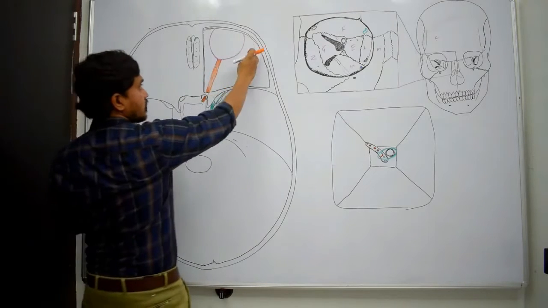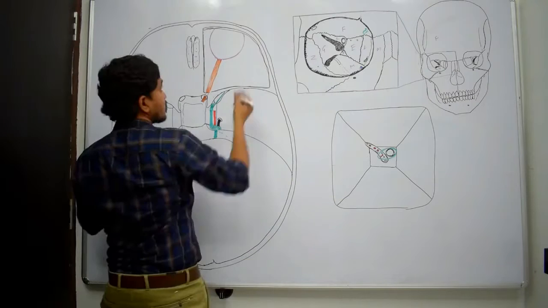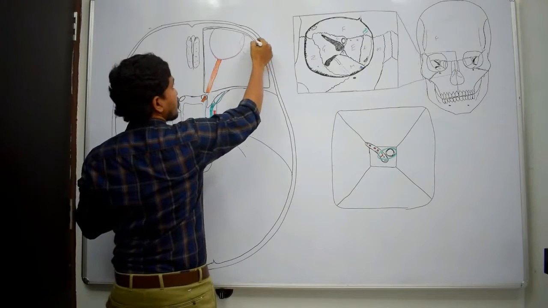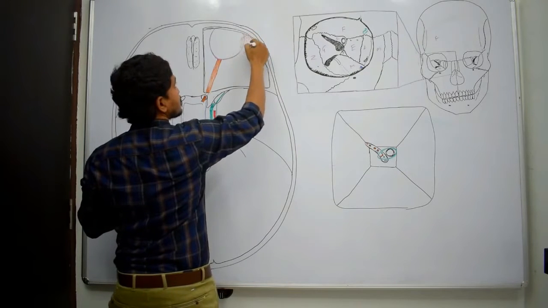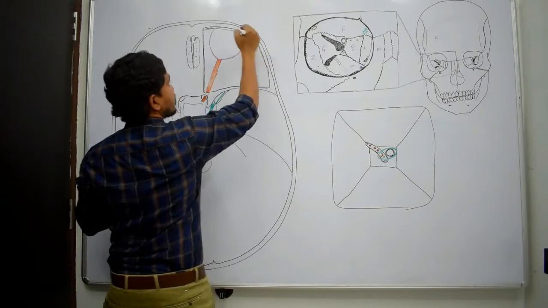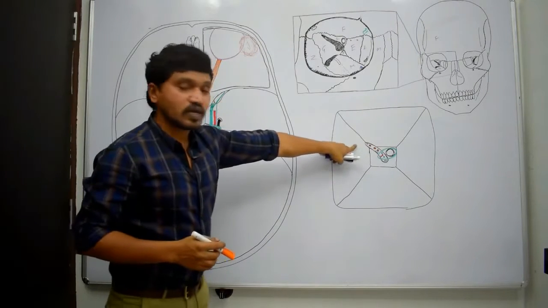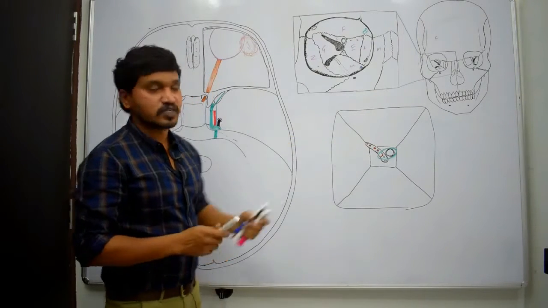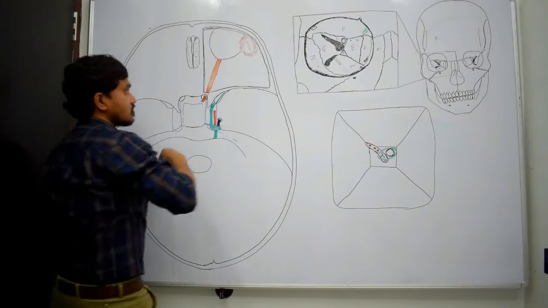At the lateral part you can see one gland. What is this gland? The lacrimal gland. This lacrimal nerve passes through the lateral part of the superior orbital fissure and enters the orbit. So now it is entering the orbit.